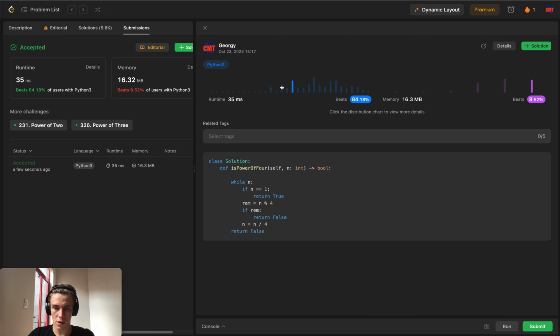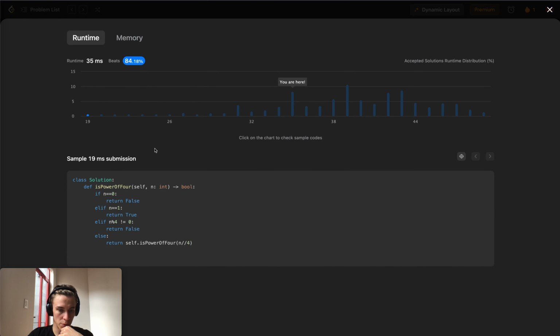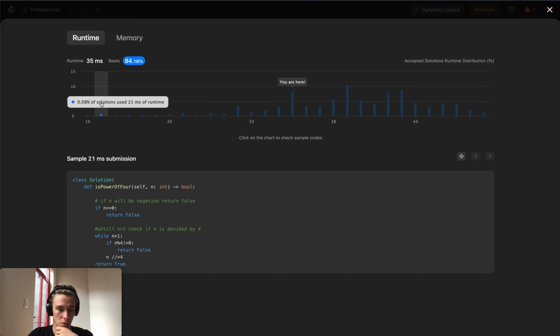First time solving this. We're beating a good amount of submissions, but let's look at what a better submission would be. I don't like the ones that use built-in functions, but this one seems interesting.